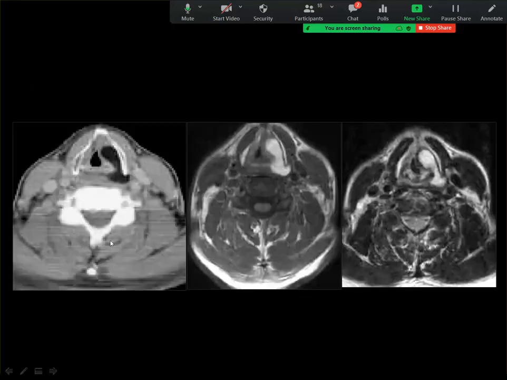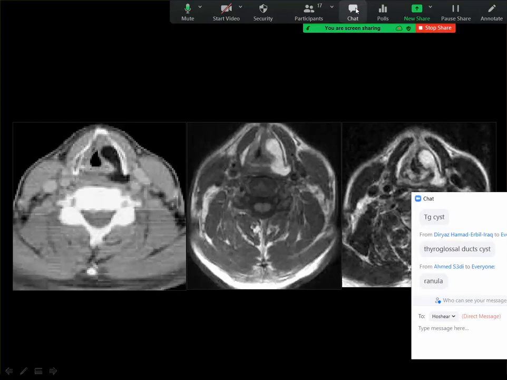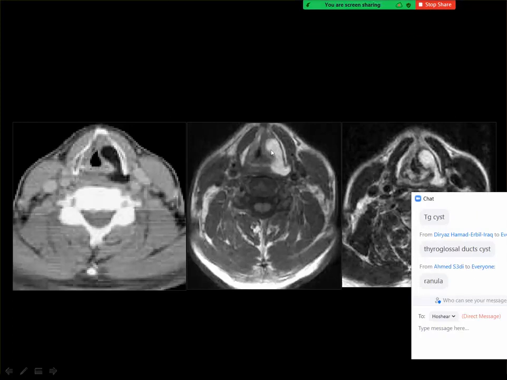This is CT, and this is MRI T1 and T2 weighted images of a lesion in the larynx. And this is not a ranula because it is bright in the T1, meaning that it is, no, it is not a laryngocele. Bright in the T1, meaning fat.